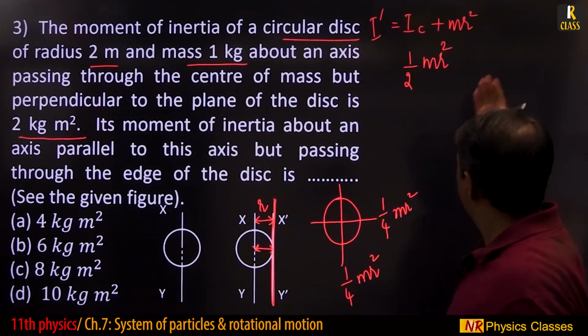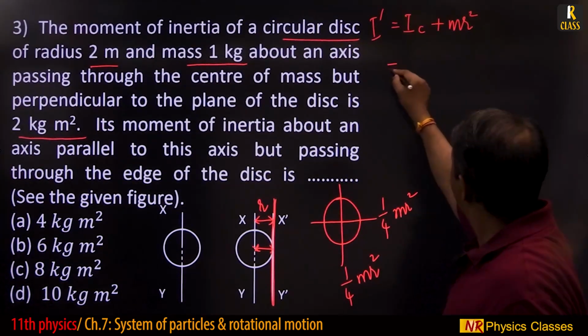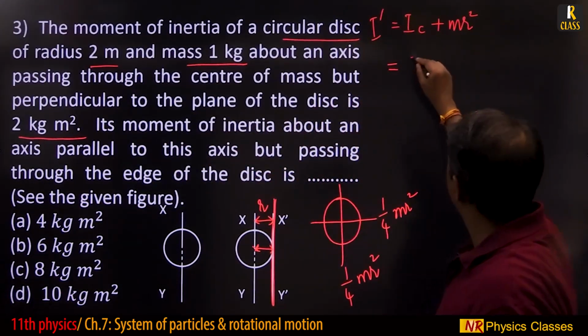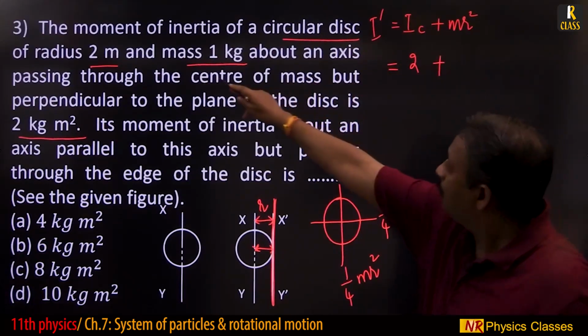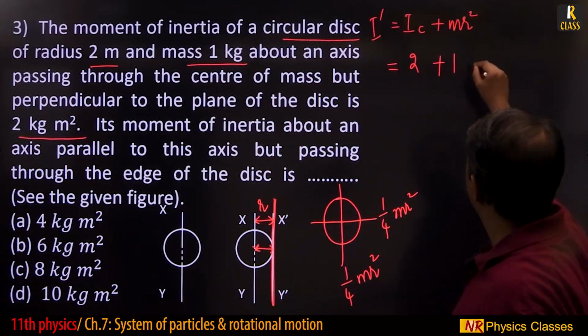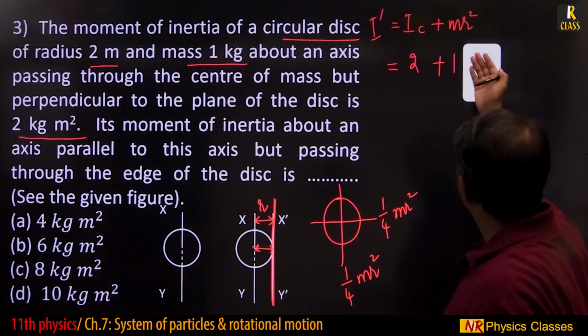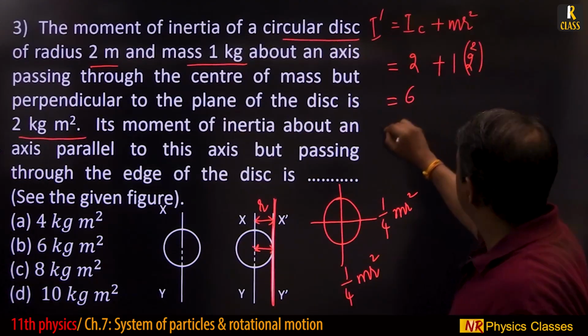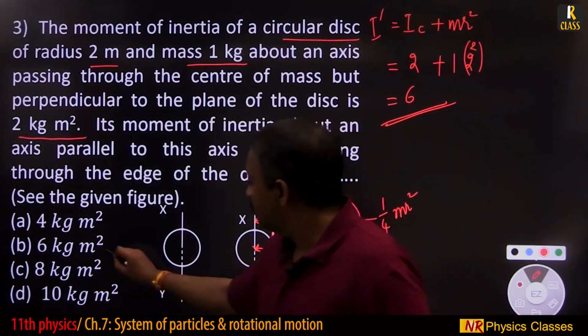That is the parallel axis theorem. Now the moment of inertia about the center of mass is given as 2 kg meter square, plus the mass of the disc, 1 kg, times the distance square, 2 square. It is 6 unit.